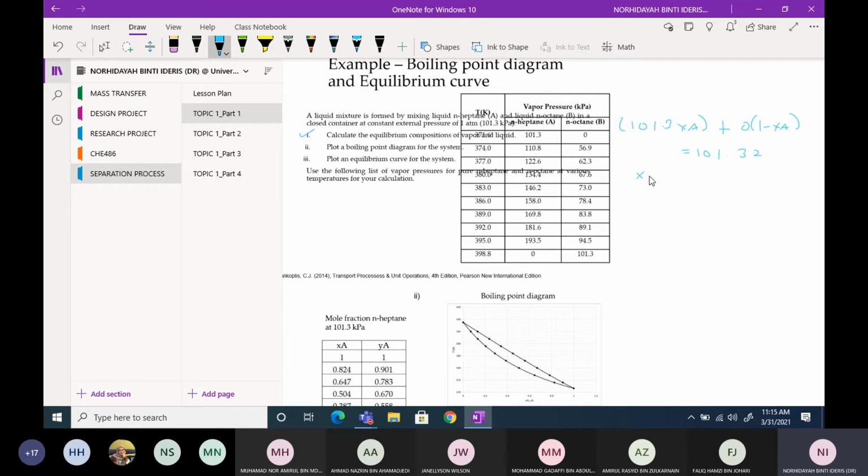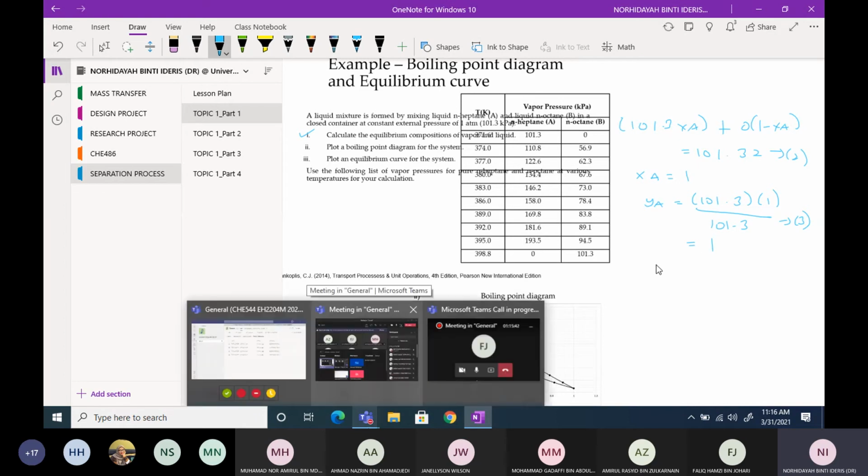So you get that XA is equal to 1. So you know that YA is 101.3 multiplied by 1, divided by 101.3. This one is equation number 2, this one is equation number 3, and you get 1. So basically at the first row, you get XA 1, YA 1.